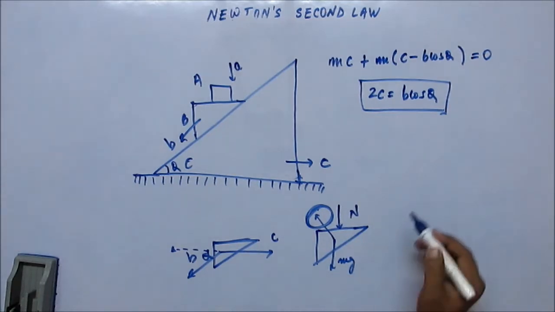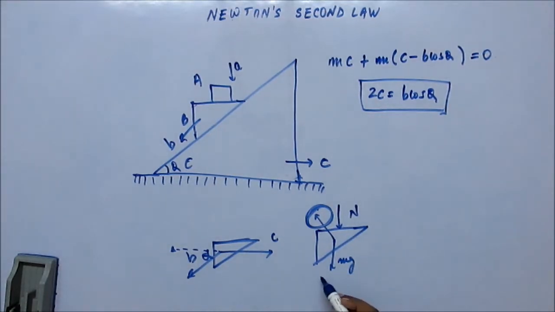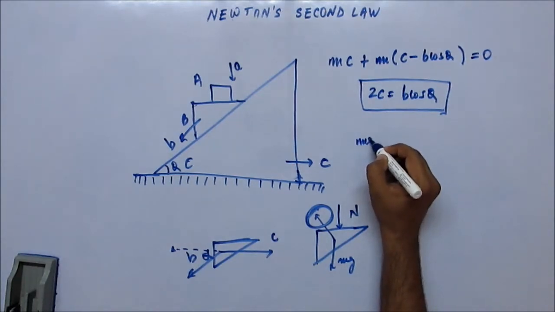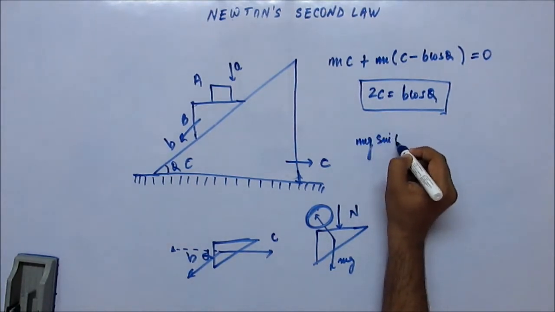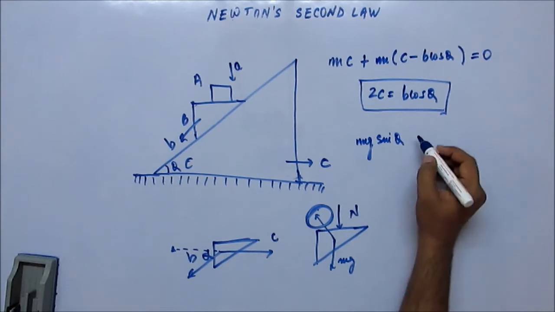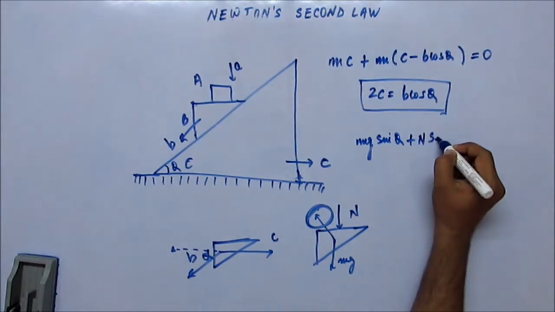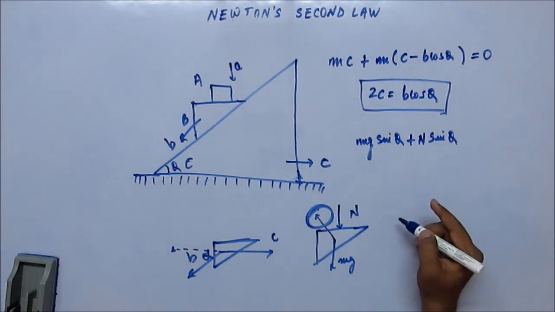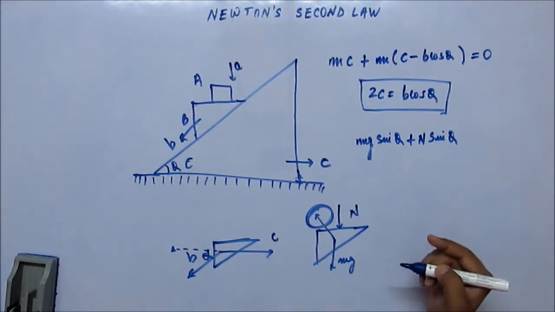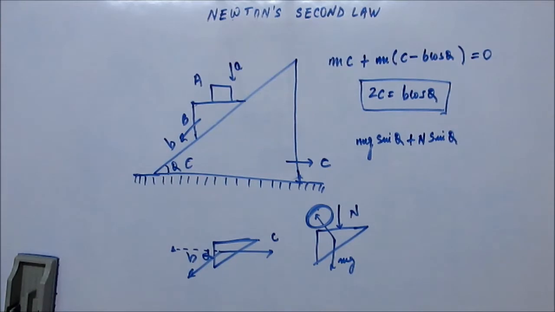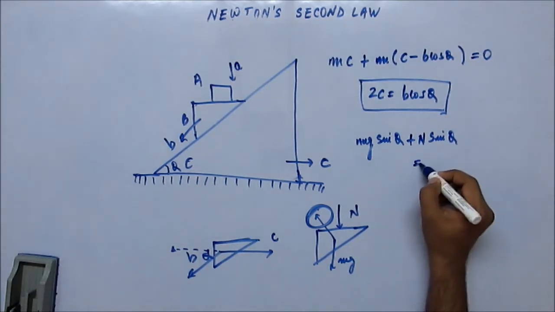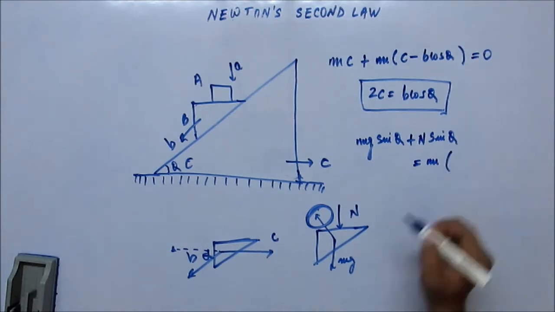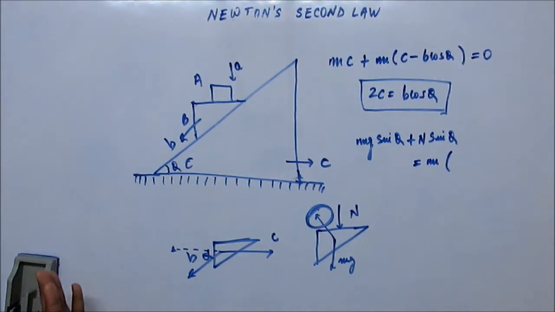So along the plane of the wedge, you have two components: of mg and of the normal reaction. The component of mg would be mg sine theta and the component of normal reaction will be n sine theta. Easy to see from geometry. I'm not going to teach you this now. Mg sine theta plus n sine theta is the net force on block B down the plane. This should be equal to mass of B into acceleration of B, the acceleration of B down the plane, the net acceleration.